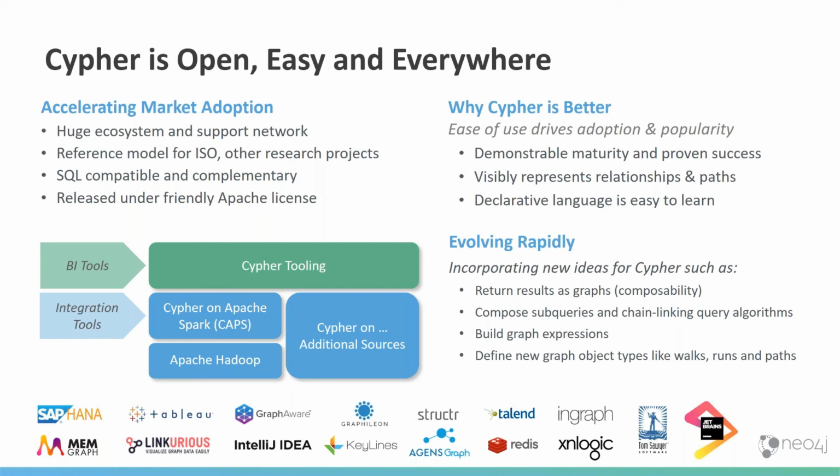So the cool thing about this is now we can make subqueries and chain link Cypher query algorithms to support larger activities like figuring out customer churn, or figuring out propensity, or figuring out market basket analysis kinds of capabilities. Those are activities that might have multiple passes over sets of data or over graphs themselves. And in terms of this, Cypher now supports this ability to query itself over and over again.